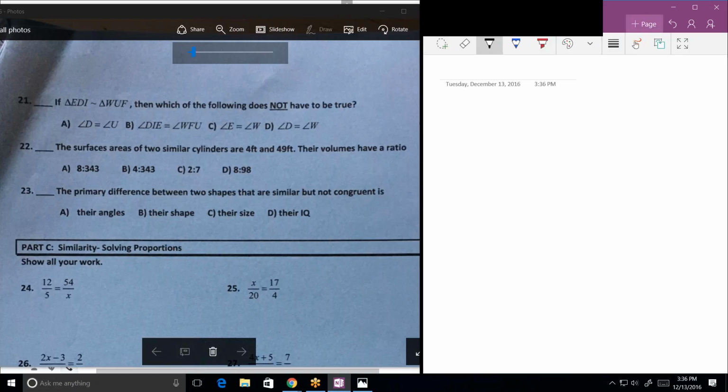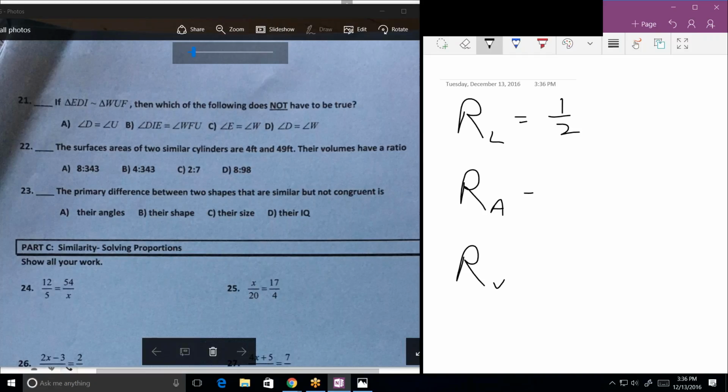This is the one that has to do with linear ratios, area ratios, and volume ratios. Let's say the linear ratio was 1 to 2.